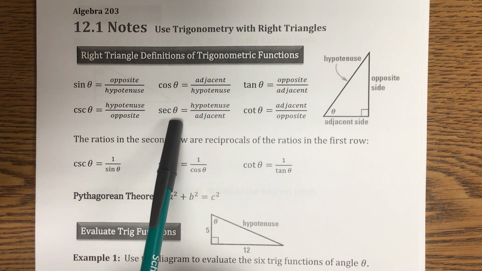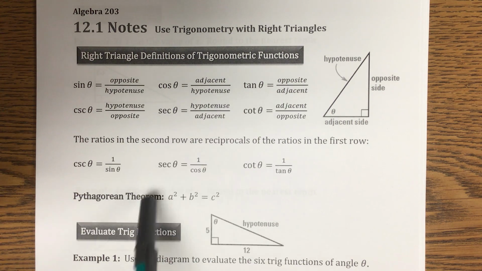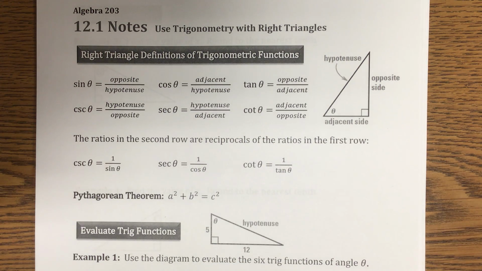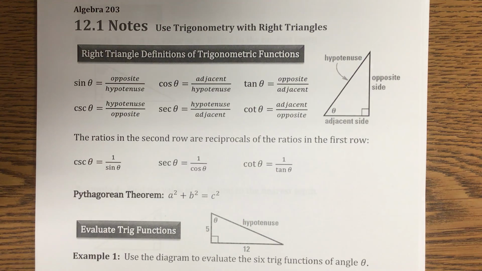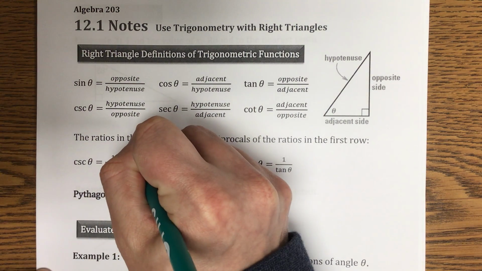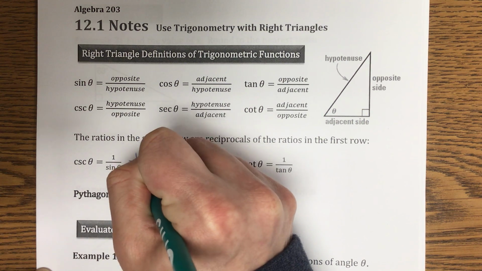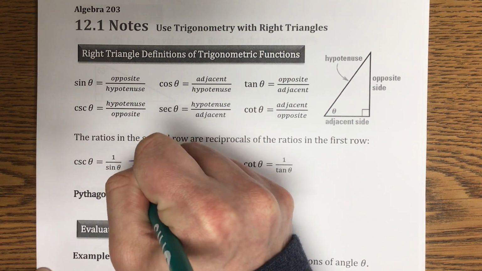Cosecant, secant, and cotangent are all reciprocals of the ratios right above them. So if I were to take, and it's listed right here, 1 divided by sine of theta, which is 1 divided by, I'm going to abbreviate, the opposite divided by the hypotenuse.